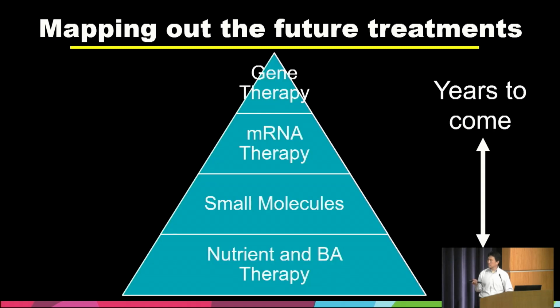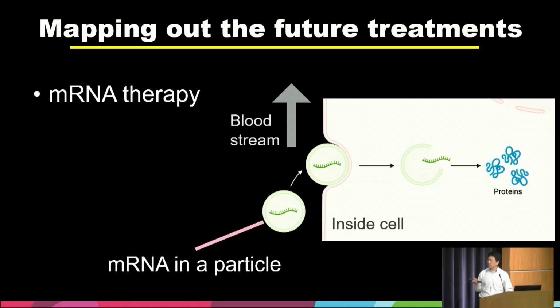Okay, so going to the messenger RNA therapy. The messenger RNA therapy is very simple. You have this messenger RNA inside a particle running in the blood, and the hepatocyte takes it up and releases the messenger RNA in the cell, and the messenger RNA gets converted to protein, and this protein is the one we want to work and function.